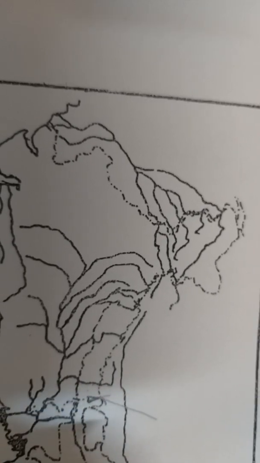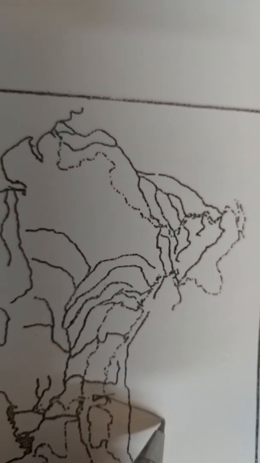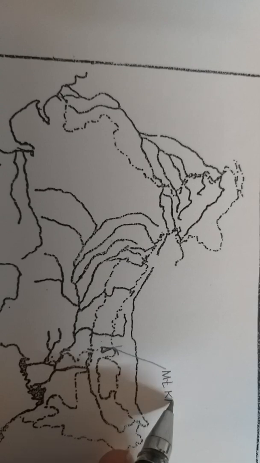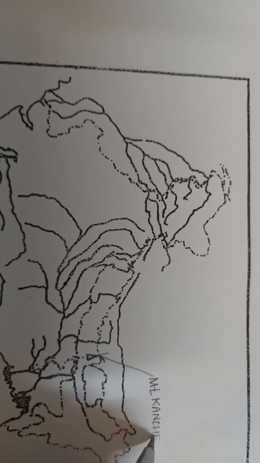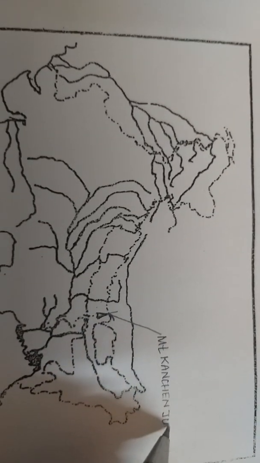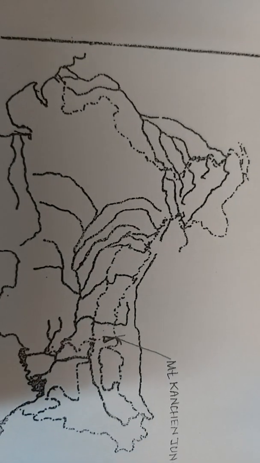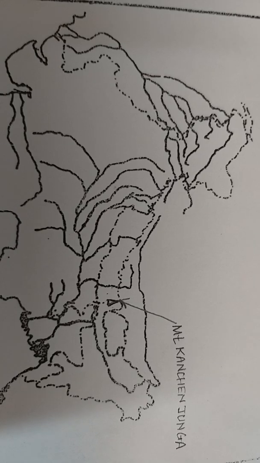So draw a pointer, and then you have to label it. The label will be Mount Kanchenjunga. So this way you will have to mark the mountain, Mount Kanchenjunga.